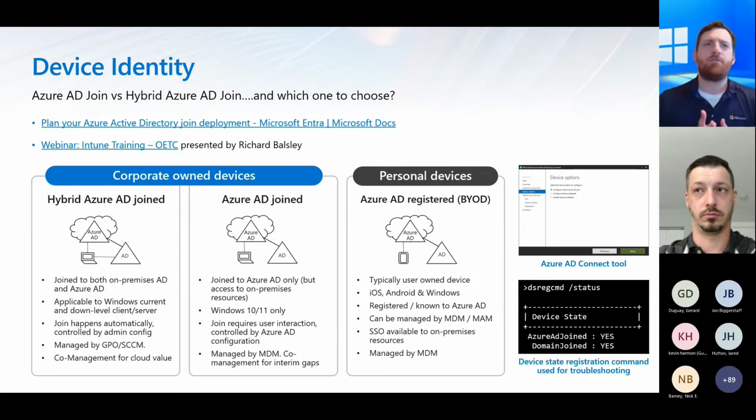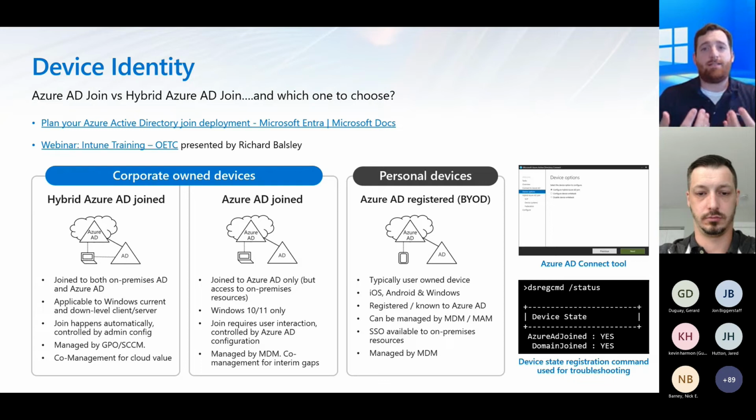And then finally, just so that you have your own knowledge around the subject here, personal devices, so our BYO devices, because Microsoft Intune is a full-fledged mobile device management solution. We can manage all devices. Then those personal devices such as iOS, Android, even some Windows devices, those can be registered with Azure Active Directory.